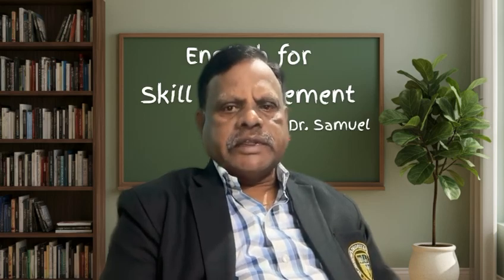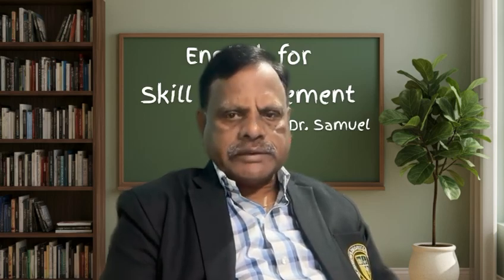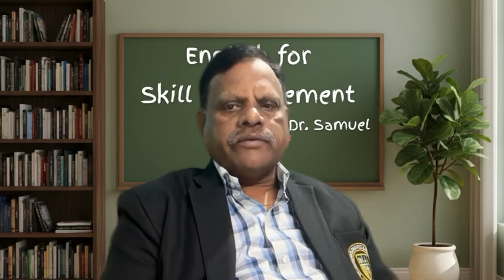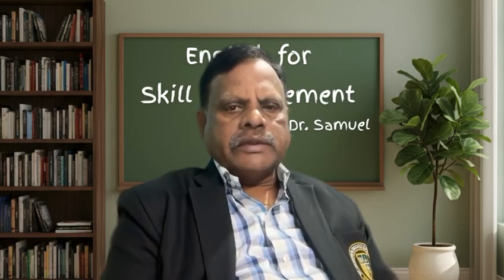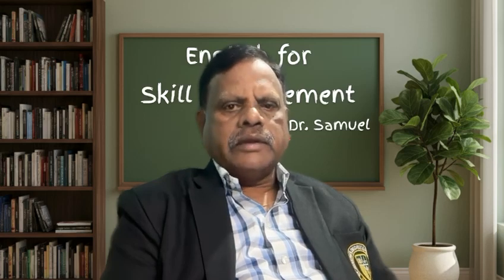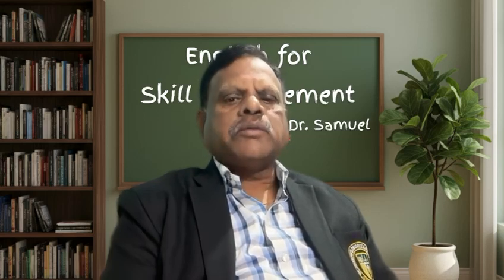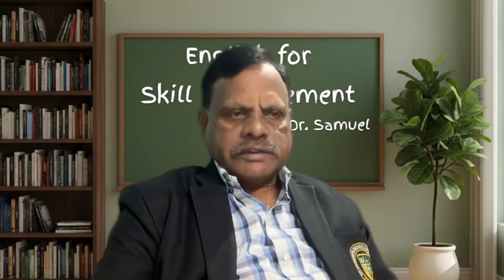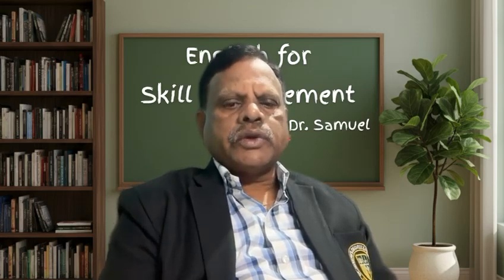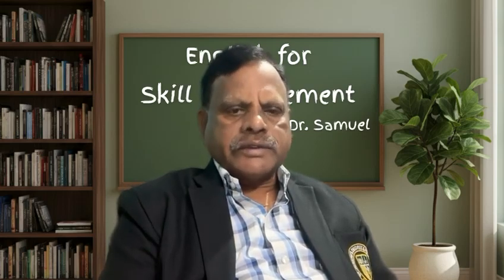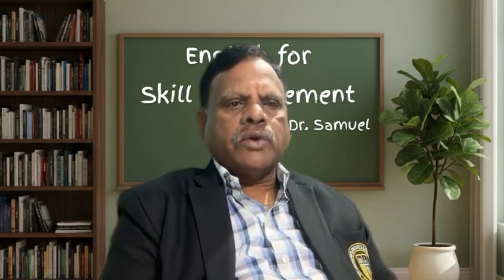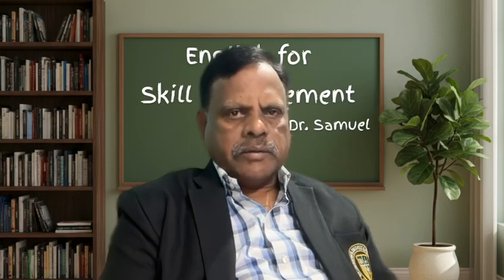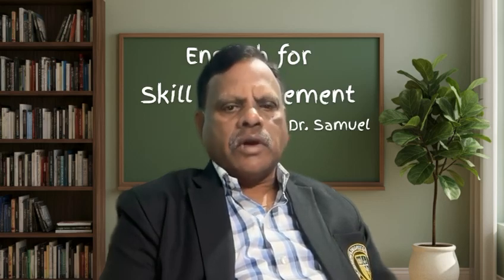Declarative sentences make statements or provide facts, information, and end with a period. Period is a full stop. They are the most common sentence used to express facts, observations, opinions, and to present statistics. They have the word order subject plus verb plus object.